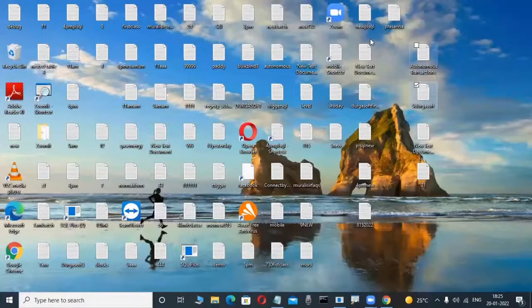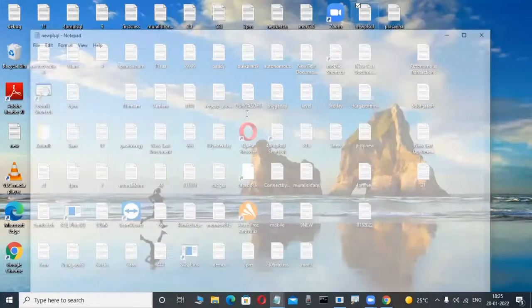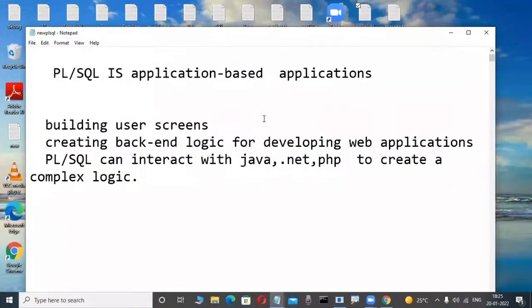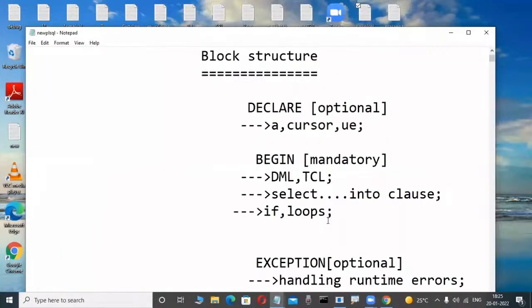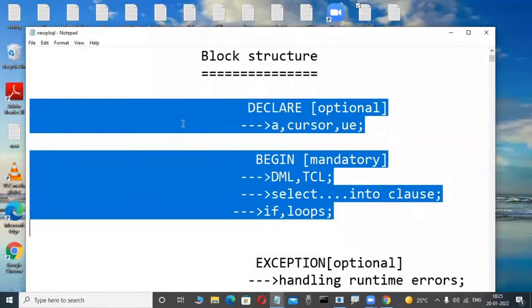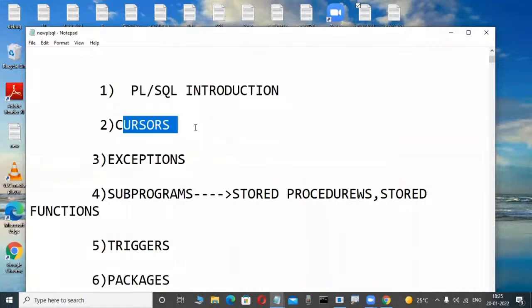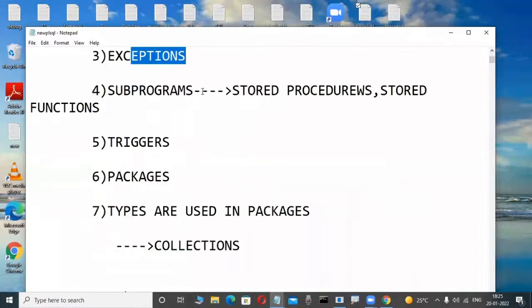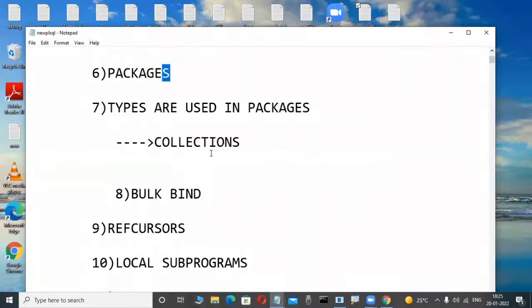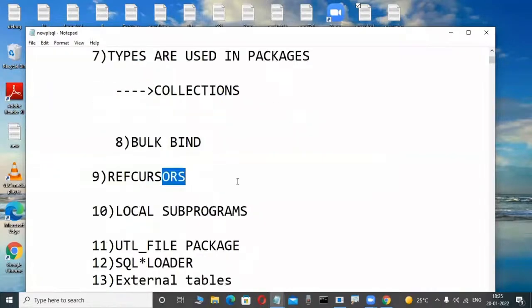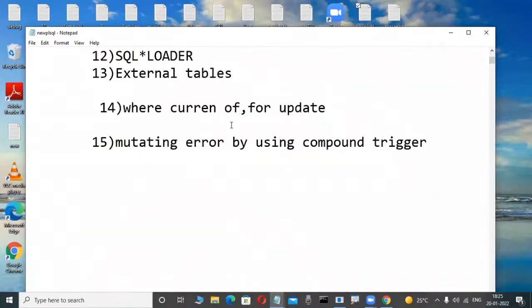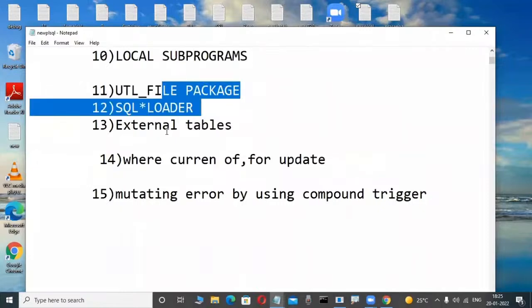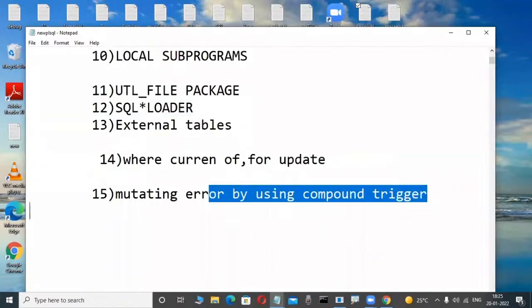Again, PL/SQL means some little bit of coding is there. Don't be afraid. This is PL/SQL, where you write a little bit of coding. In PL/SQL there are cursors, exceptions, stored procedures, stored functions, triggers, packages, types, collections, bulk bind, ref cursors, local subprograms, UTL_FILE packages, SQL Loader, external tables, so many things like this.